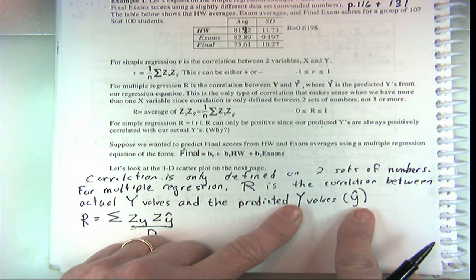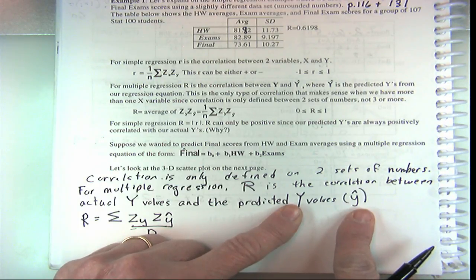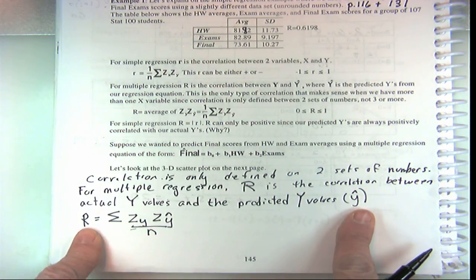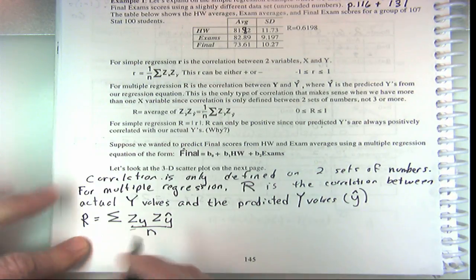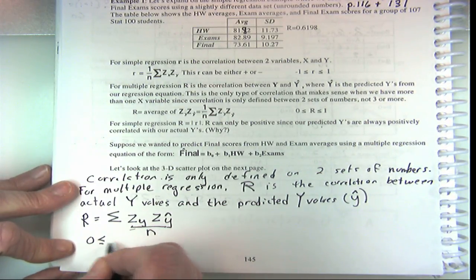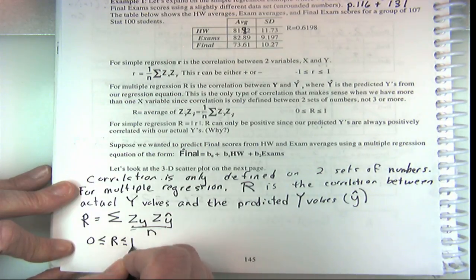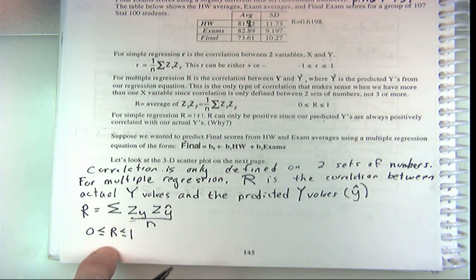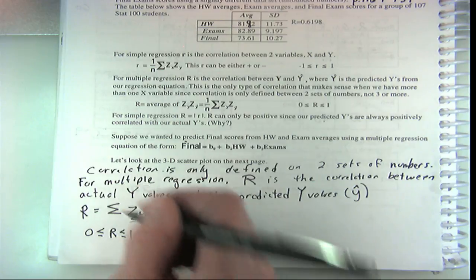So it's not going to be a negative correlation. It's always going to be a positive correlation here. So it would be between 0 and 1. And remember, that's for multiple regression.